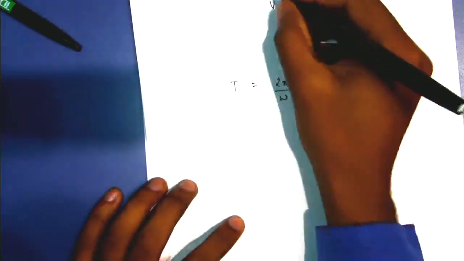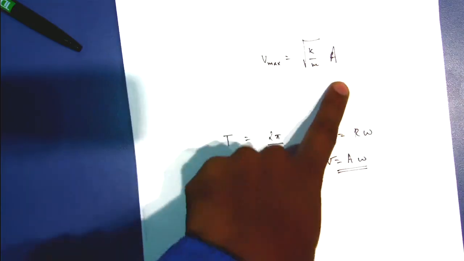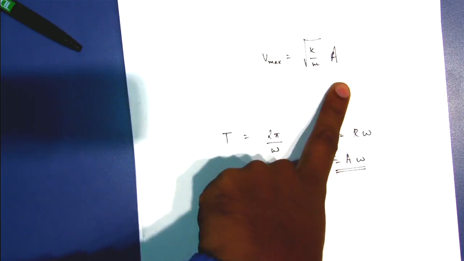Now look at what we had earlier from energy considerations for the max speed of the object. It's square root of k over m times A. And these are the same thing essentially. It's that projection of that circular motion onto that axis. So to complete our analogy, this is an analogy. An object moving in a circle is not an object moving up and down, but it's taking the same amount of time.